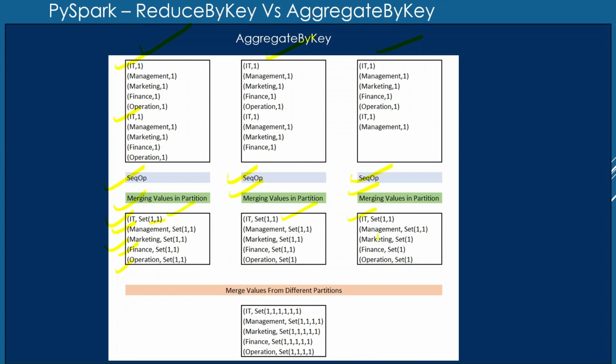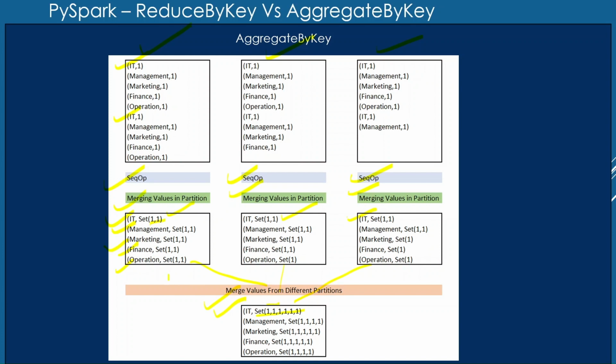Once the data is merged, the merge from different partitions takes place, and here the shuffling also takes place. When the shuffling happens, it creates different partitions. We can see IT is the key and this is the set of values.